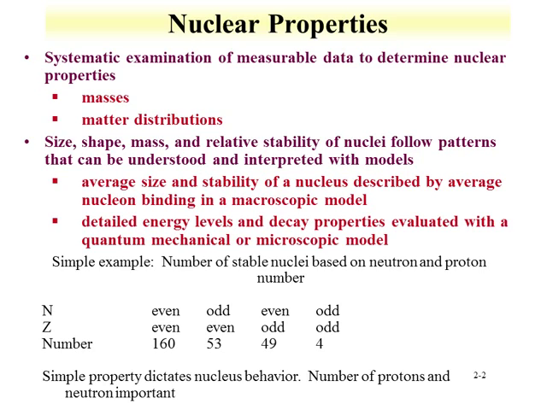About 49 are reversed, so an even number of neutrons, an odd number of protons. And there are only 4 stable nuclei that have an odd number of neutrons and an odd number of protons. So from this very simple observation, we can start exploring nuclear physics and nuclear properties by saying that the number of protons and neutrons are important, and they actually dictate some behaviors within the nucleus.